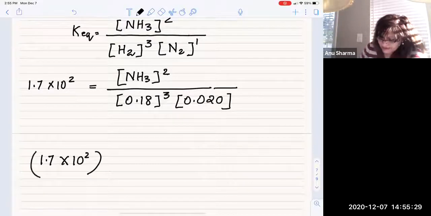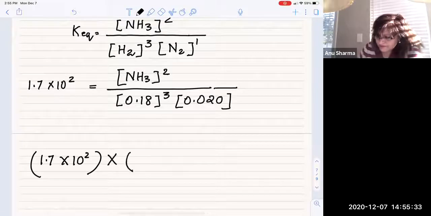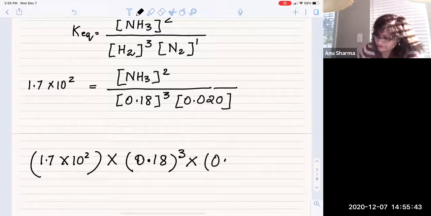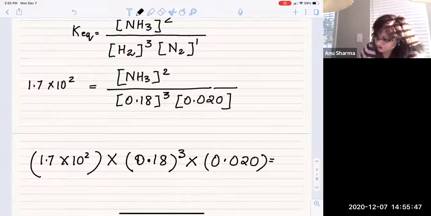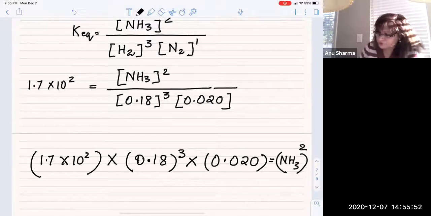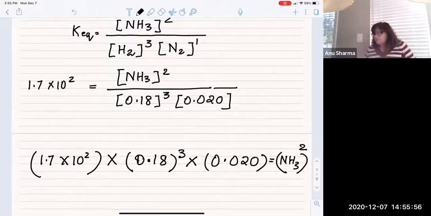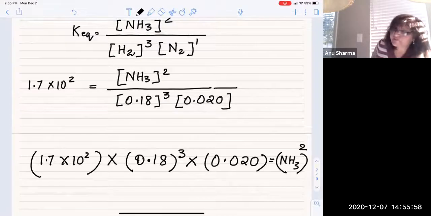This is one set, right? Multiply by 0.18 raised to the power 3, multiply by 0.020, is equal to the concentration of NH3 raised to the power 2. Okay, so do this math. First do this math.